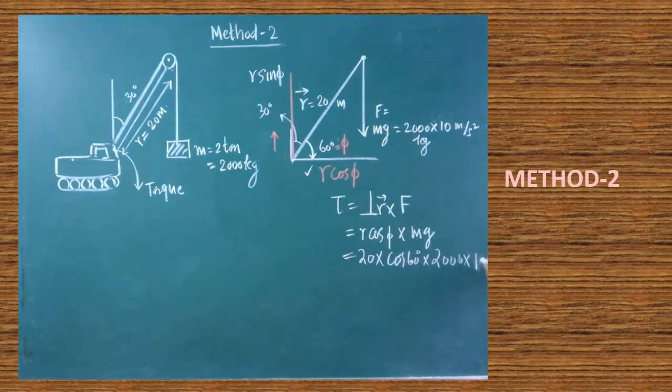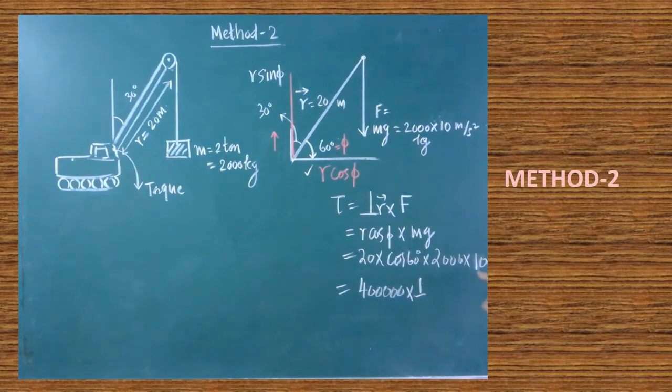Instead of that we can write it as 10. Are you clear? Here cos 60 value is half. How many zeros are there? 1, 2, 3, 4, 5. So totally we can write it as 4 lakhs into cos 60, which is equal to how much? Half.